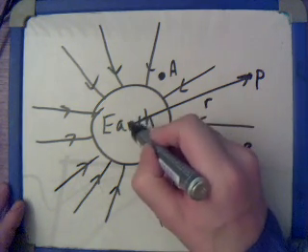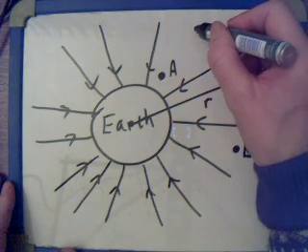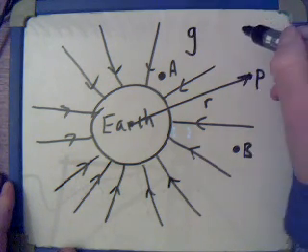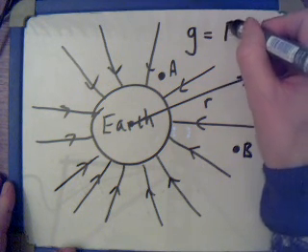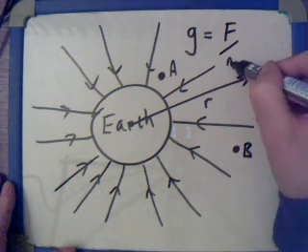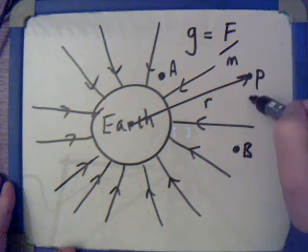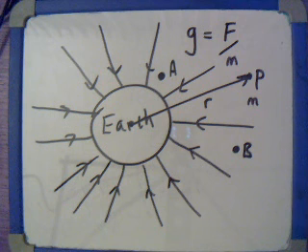There we'll get a certain field strength called the gravitational field strength, and it is called g, for gravity, and that is equal to F divided by m, where m is the point mass. So that is the field strength at any point a distance r from the centre.